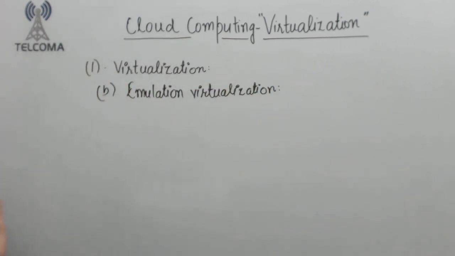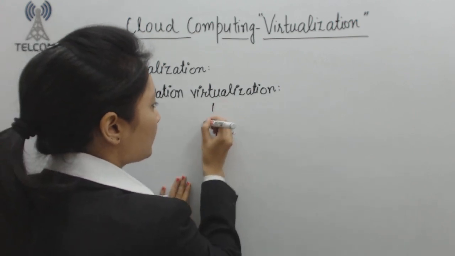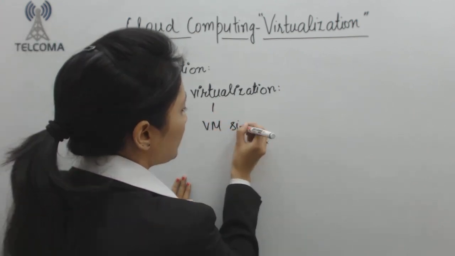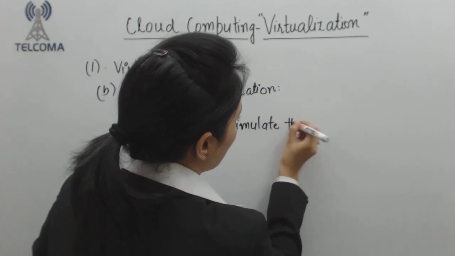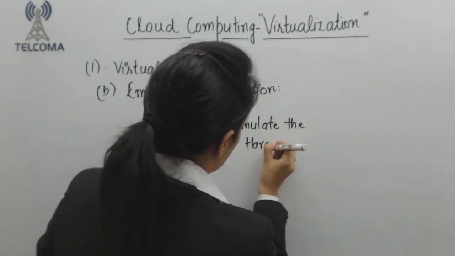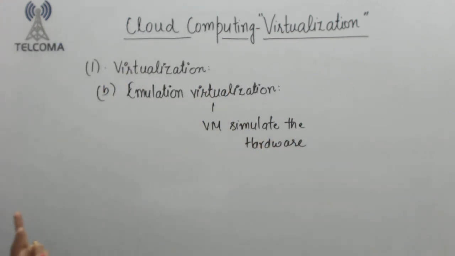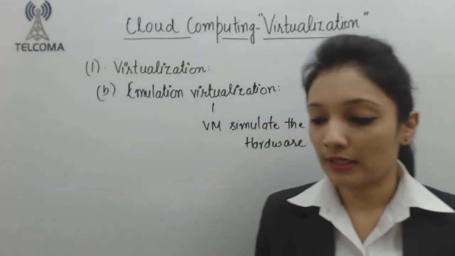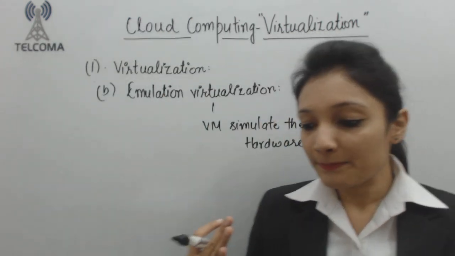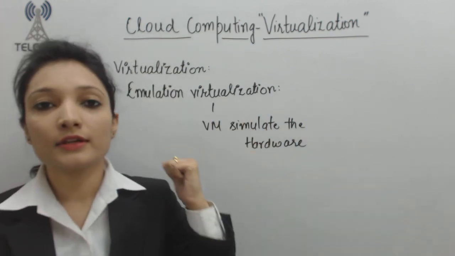Now, here the virtual machine simulates the hardware. That means it is independent of it. So what happens in emulation virtualization? This is simply making one system imitate another system.